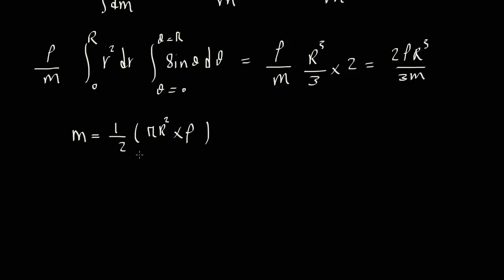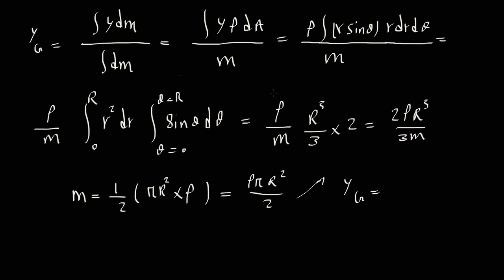So the mass of half a circle is pi r squared rho over 2. If we substitute this here, we get y of g, which is equal to 2 rho r cubed over 3, divided by rho pi r squared over 2.